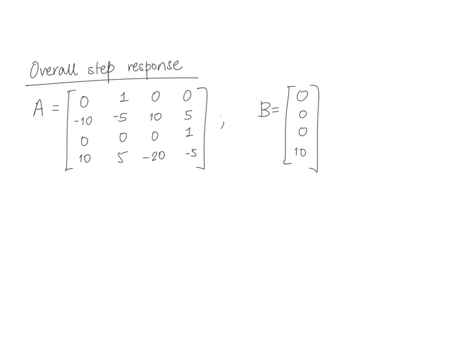If you look at the transfer function, step one here is to find the transfer function. Here we have 4 states and 1 input, so you'll have 4 transfer functions, but we are interested in what happens to the first state. Now this is another detail.